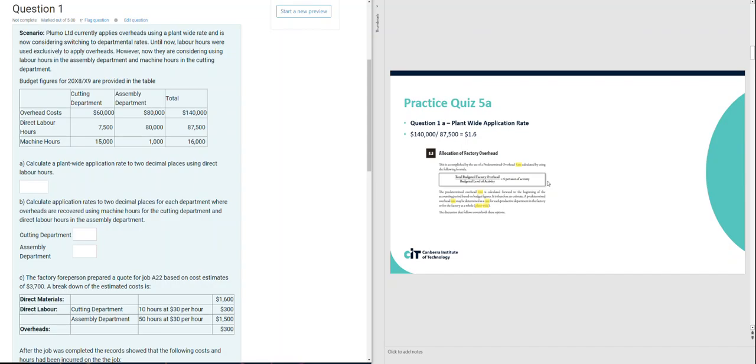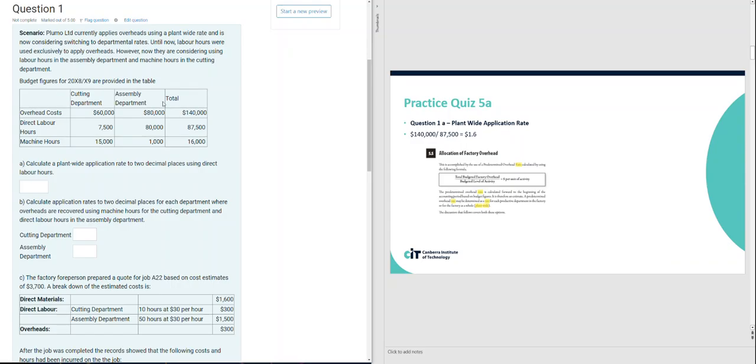For this particular question, for allocation of factory overhead, the formula is the total budgeted factory overhead over the budgeted level of activities, the cost driver. In this case, our total budgeted overheads is $140,000, as you can see from my cursor here.